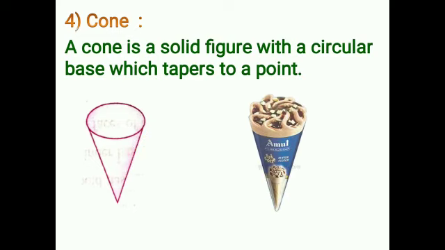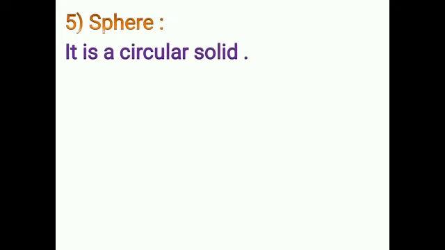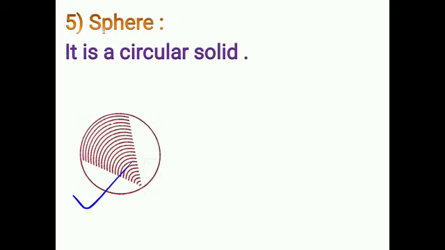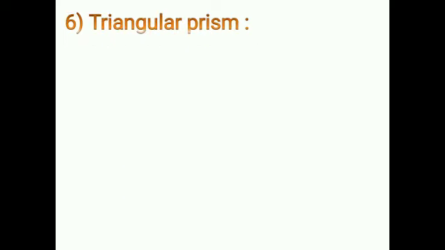This is the diagram for a cone, and in real life an ice cream cone is an example of a cone. Next is the sphere. A sphere is a circular solid, and this is the diagram for a sphere, and in real life a football is an example of a sphere.